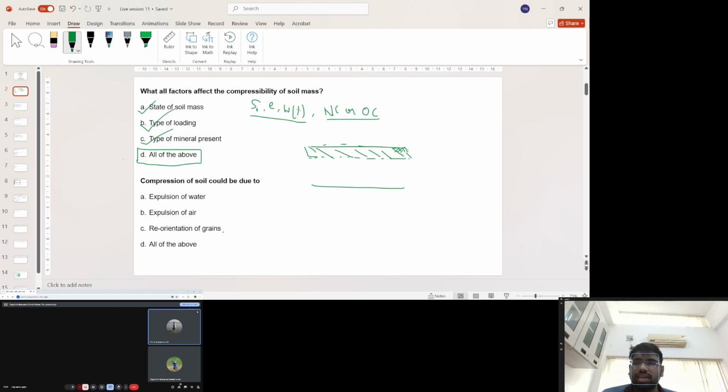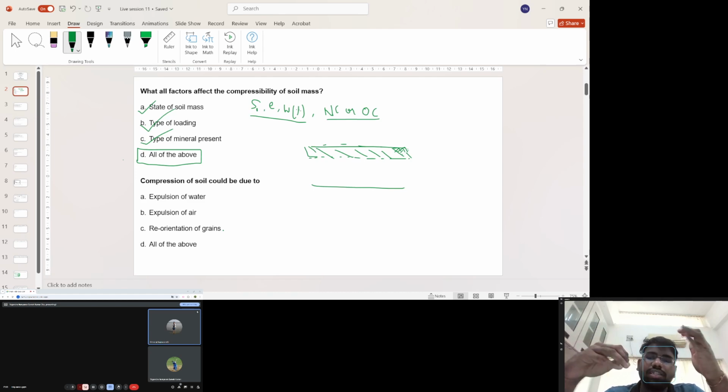Reorientation of grains can occur in two cases. One is immediate settlement in sands, when the moment you apply the loads, the grains get reoriented. And the second possibility of compression due to reorientation of grains is during secondary consolidation, which is the primary characteristic of secondary consolidation, as well as if you have some organic content which is getting decomposed.